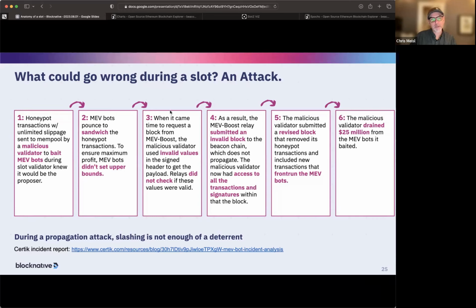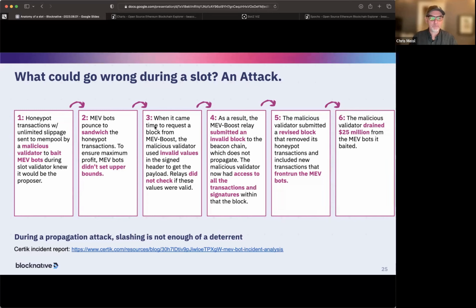So then when it was time for the block to be proposed, this block with these huge sandwich bot transactions in it, the searcher sent those to the builders, who included them, and the relays had them available.